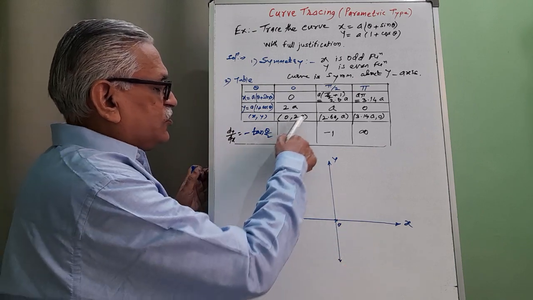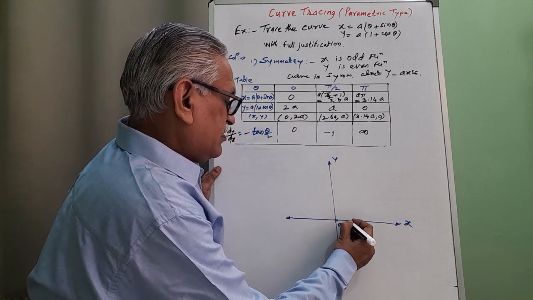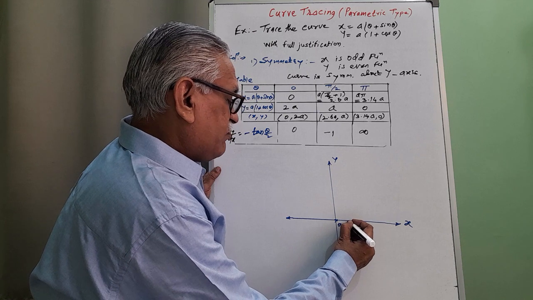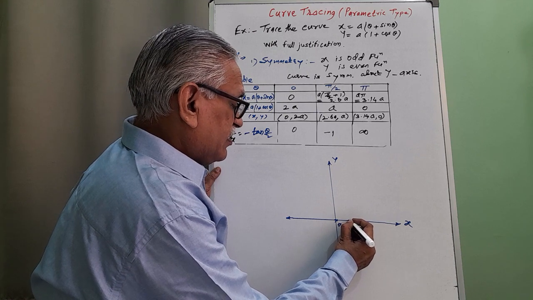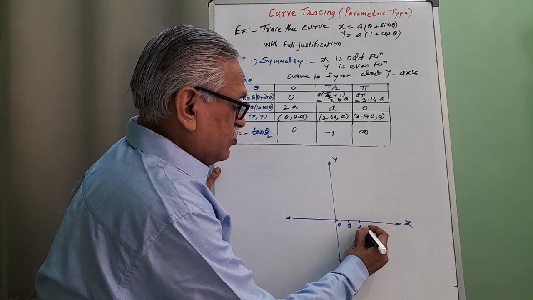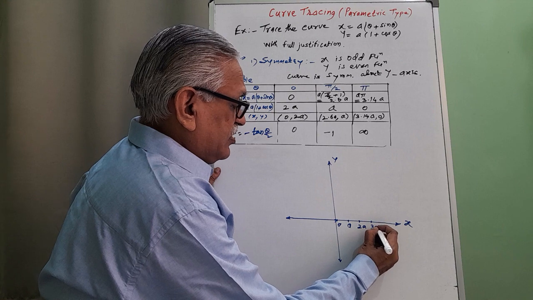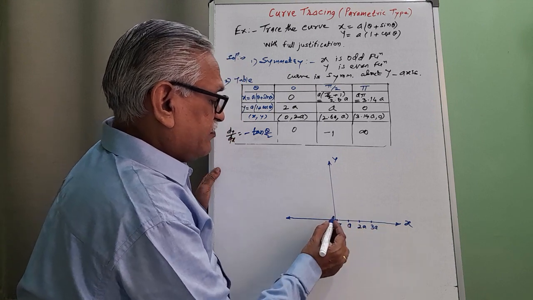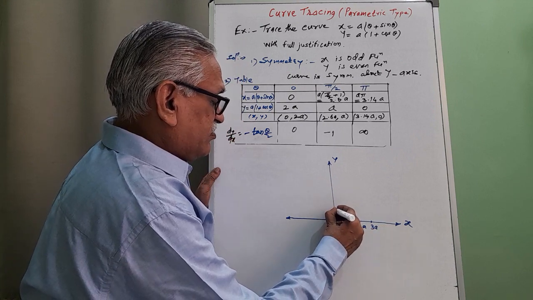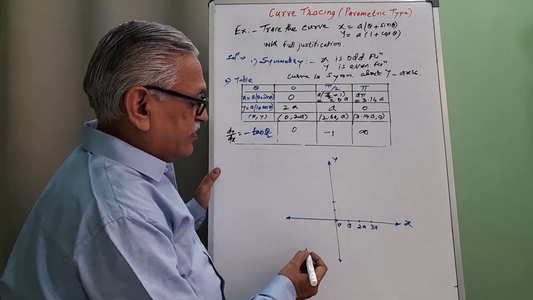The first point is 0, a. Therefore, we mark this point by a suitable distance a, 2a, 3a, the same distance on the y-axis, a and 2a.